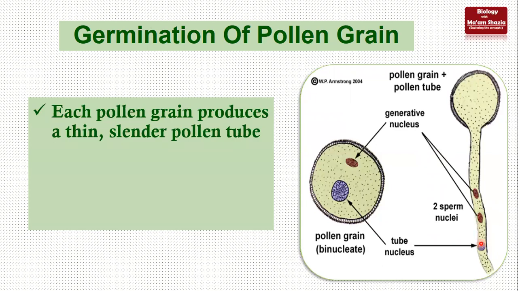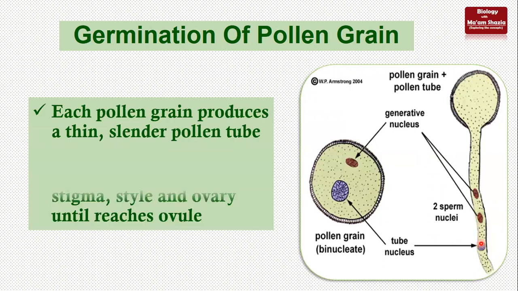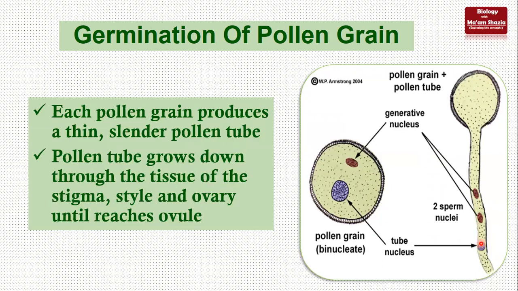Each pollen grain produces a thin cylinder, the pollen tube, and the pollen tube grows down through the tissue of the stigma, style, and ovary until it reaches the ovule. Basically, the purpose of the pollen tube is to be a guided pathway for the sperm nuclei to the ovaries, because ovaries are much protected.